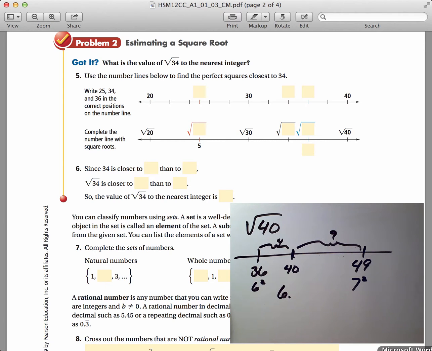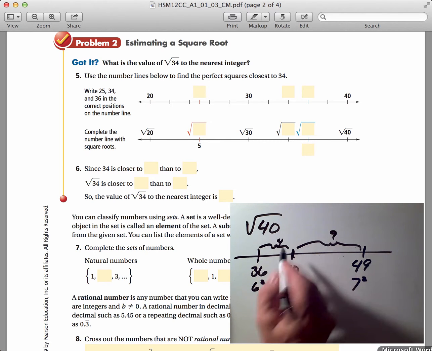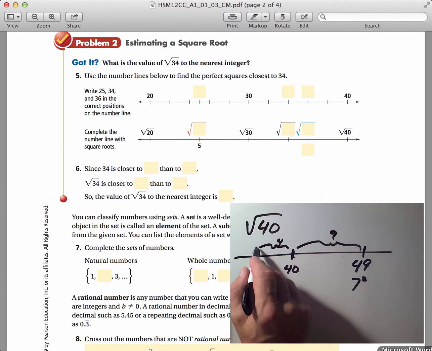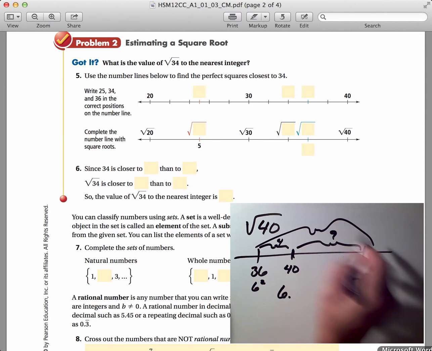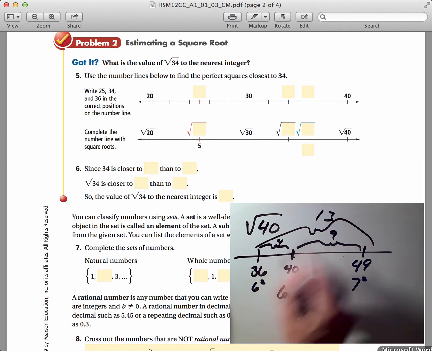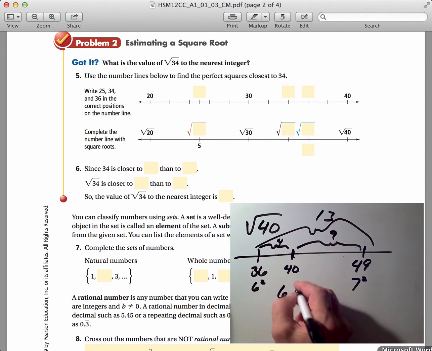And this, I'm sorry, it would be 4/13 because there's a 13 number difference here, right? If I did 4 divided by 13, I would be right on. So if I said this here, 6 and 4/13, I would be pretty accurate to what the square root is.